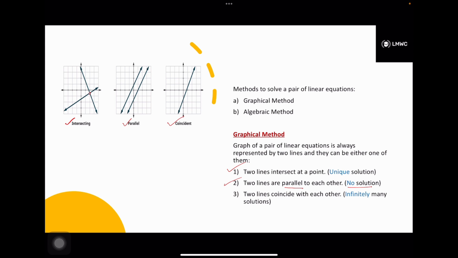Since the two lines overlap, all the points at which they overlap are solutions. And since there are many points on the overlapping straight lines, it will have infinitely many solutions for the coincident lines. So this is about the graphical method. So next, moving forward.